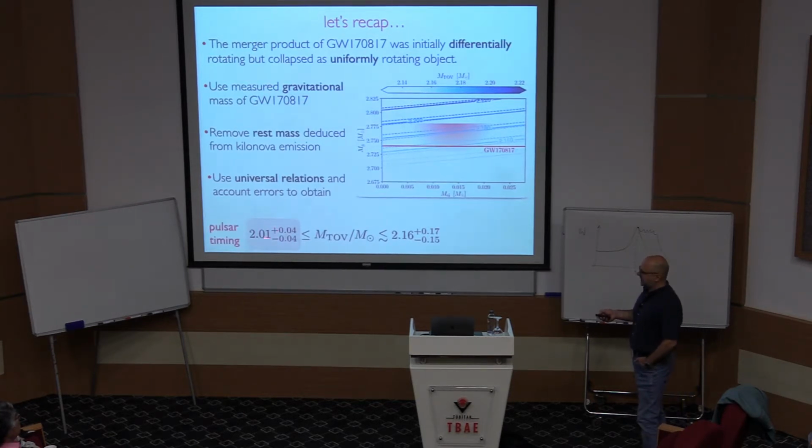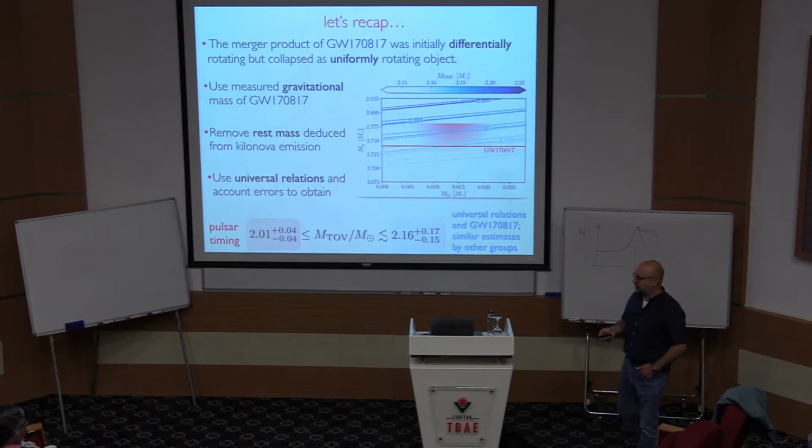This is an observational fact. We know that there exist stars with this mass, and so the maximum mass has to be larger, and this is what is coming from the considerations made and the observation of GW170817.